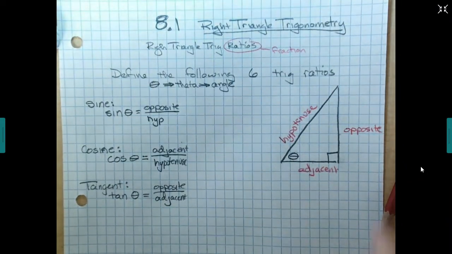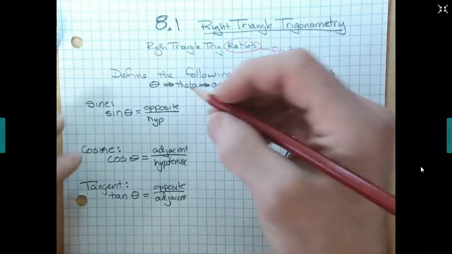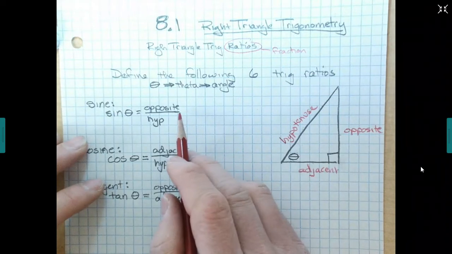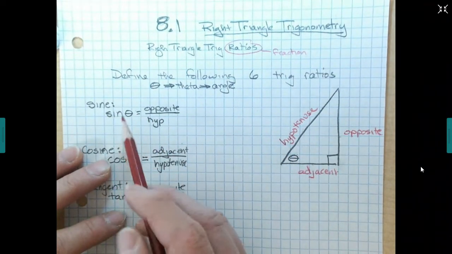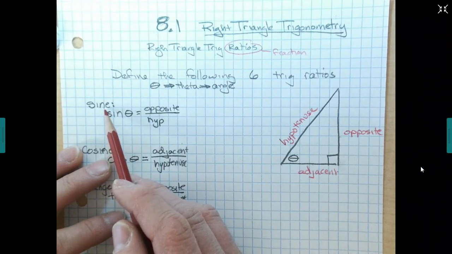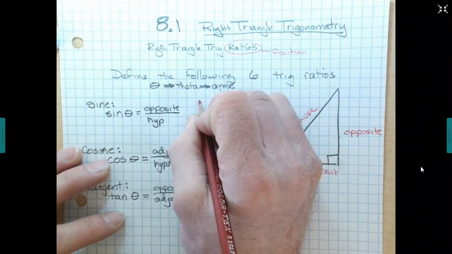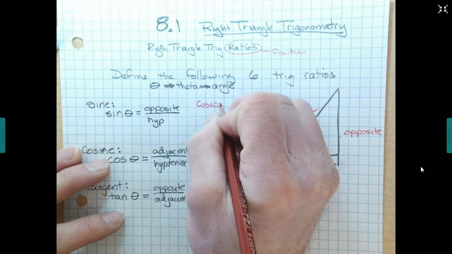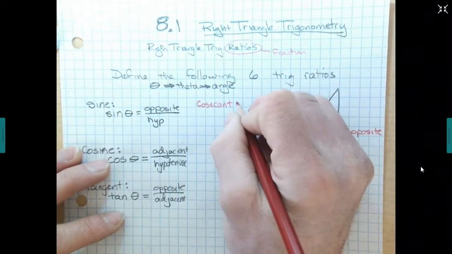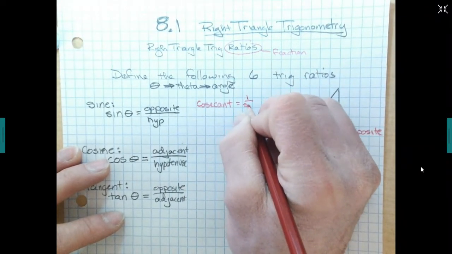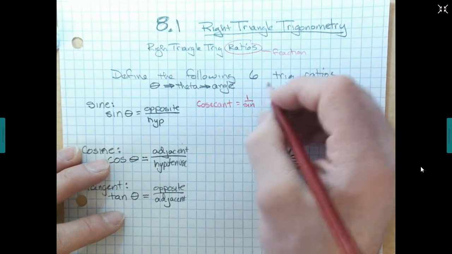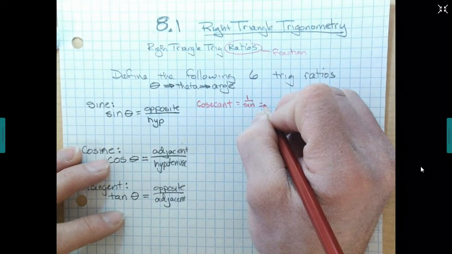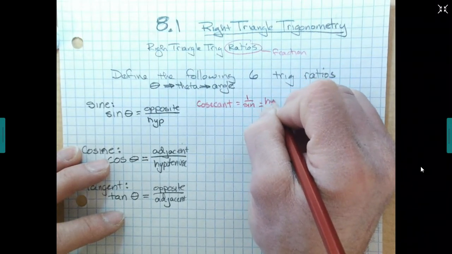Then we're going to have some that go with it. Essentially the opposite of sine is called cosecant. Cosecant equals 1 over sine, or cosecant is hypotenuse over opposite.